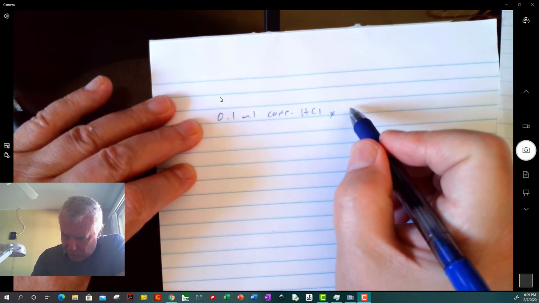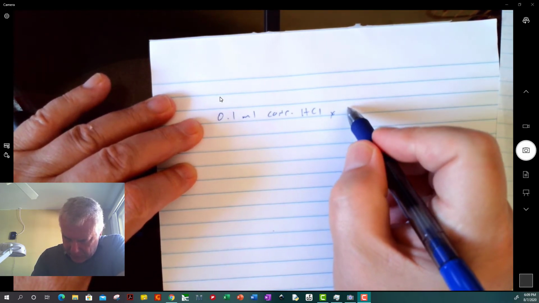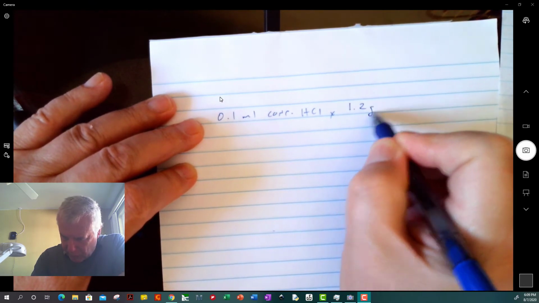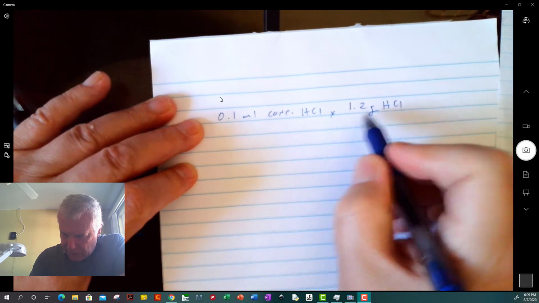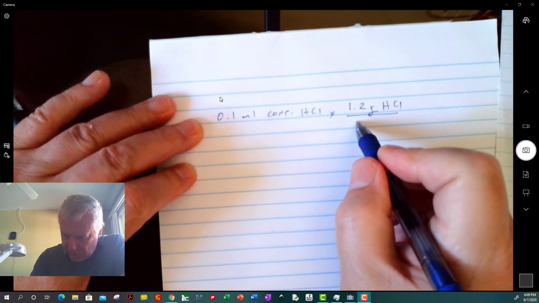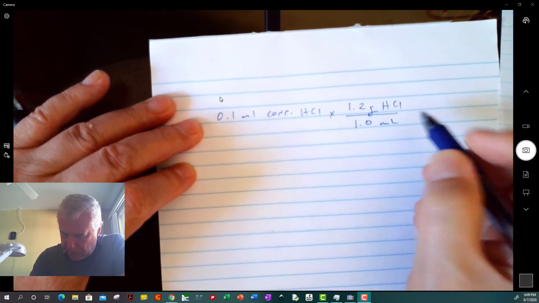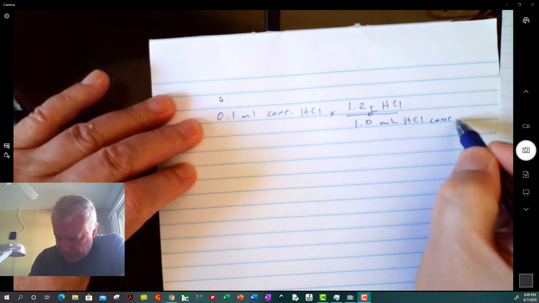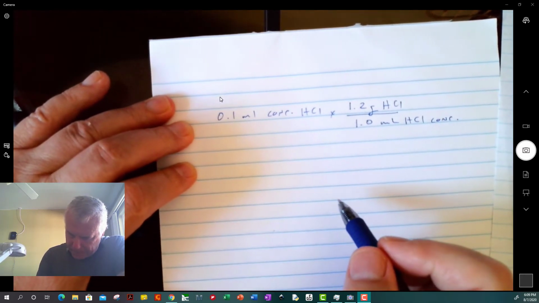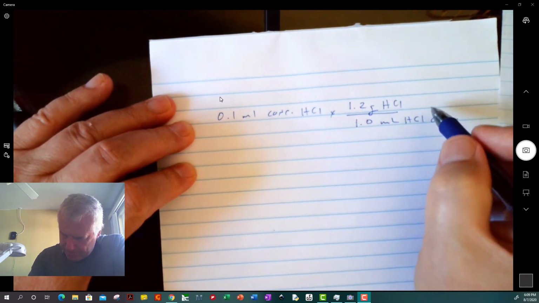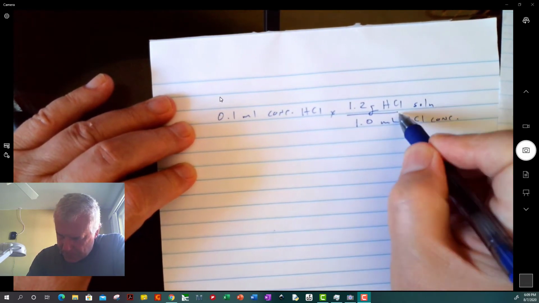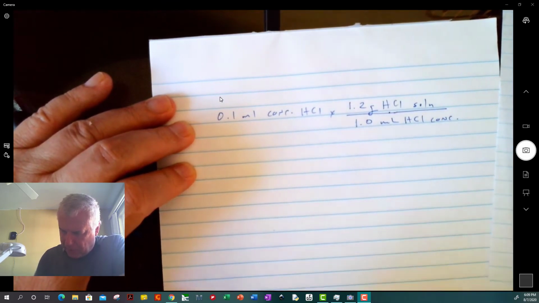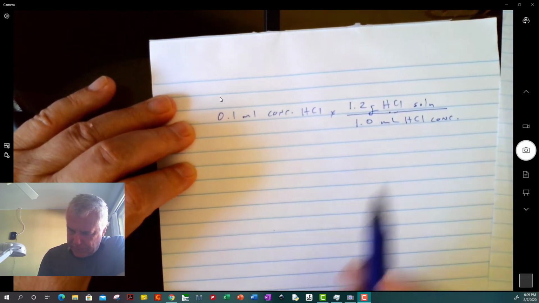So what we're going to use is the density, and that's going to be 1.2 grams of HCl solution per 1.0 milliliter of HCl solution, grams of the concentrated solution per mL of the concentrated solution.